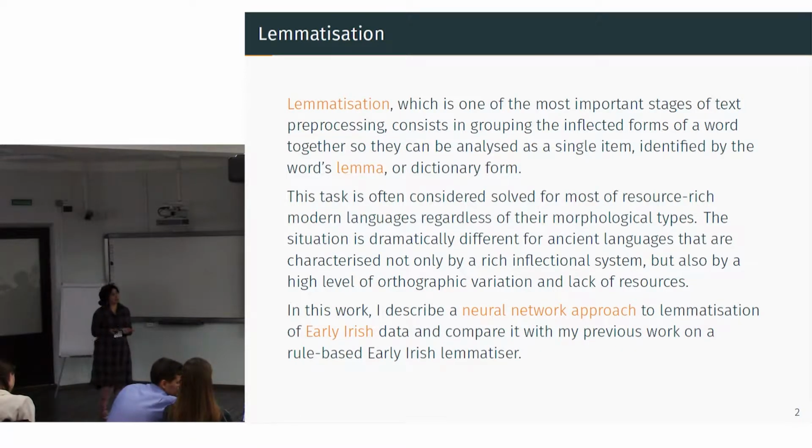And the orthography is quite complicated, which makes it hard to develop a rule-based system. So we don't have enough data for machine learning, and we normally don't have enough human resources to develop a rule-based system. But of course, there are some solutions.